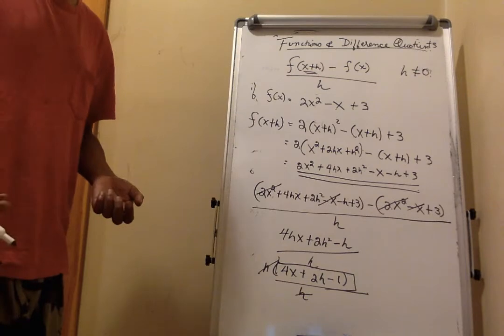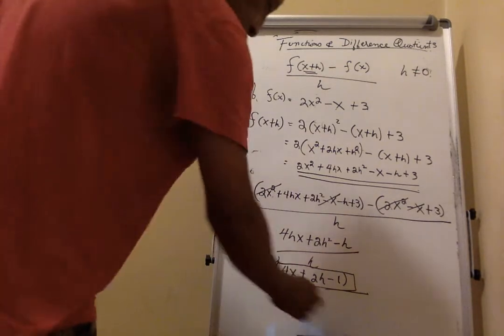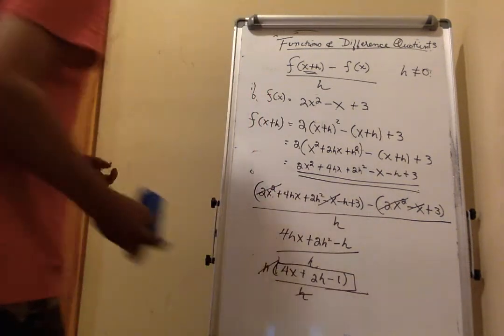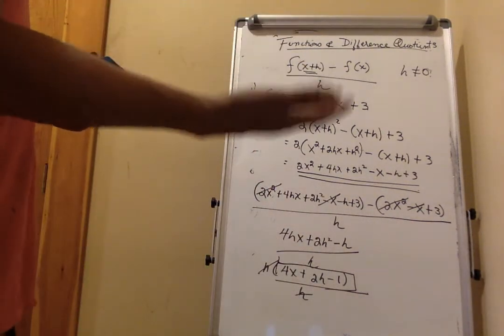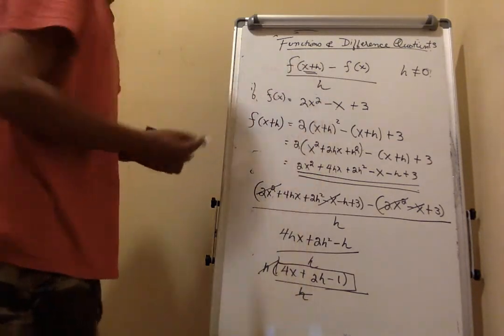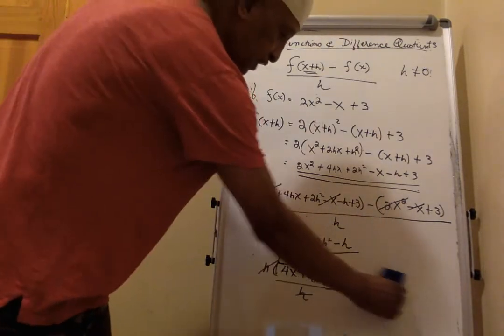In other words, the slope. Okay? So that h is not equal to 0. All right. The new thing about this is the f of x plus h, and I know how you can do this for the assignments. Okay?